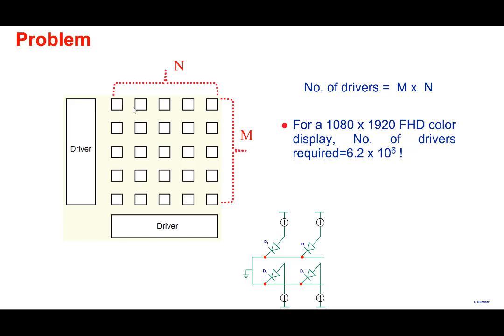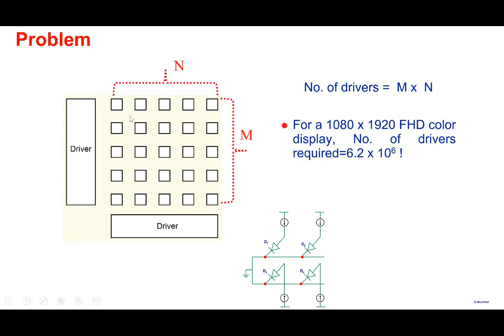So we would require 6 million connections coming out, 6 million current drivers, which the calculation shows is impractical. You cannot have that many wires coming out, and you cannot have that many drivers. So it's totally impractical. But you would like to make a high resolution display like this.